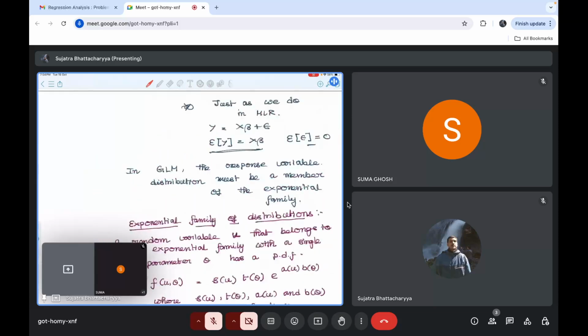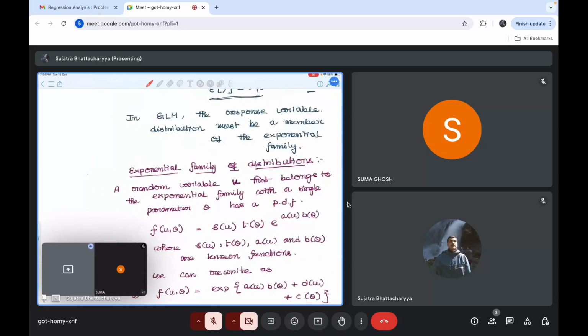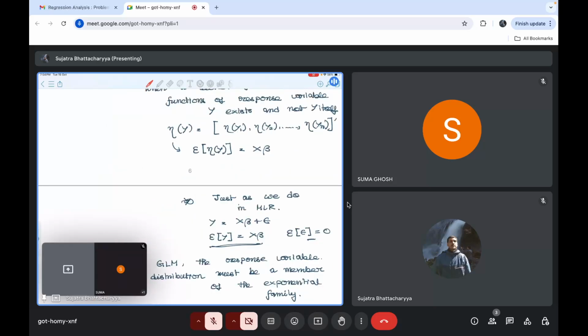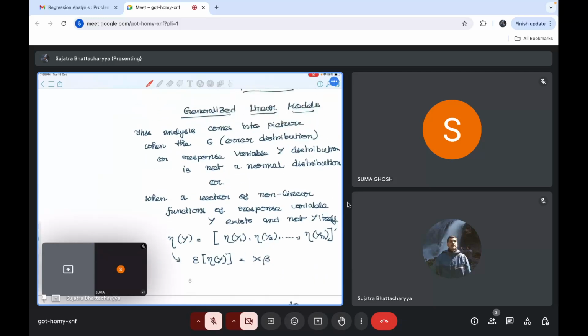The exponential family of distributions is one of the criteria for applying this generalized linear model. Not only that, the y distribution should be from the exponential family, but it has to be of the canonical form. If the canonical form does not exist, then the link function will not exist. Whatever distributions we have discussed all have the canonical form; we have seen that, which is why the link functions exist.